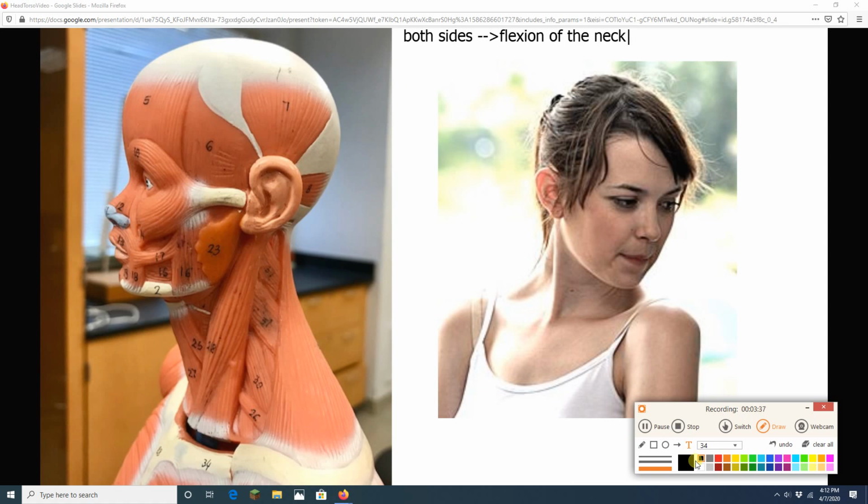Now, if just a single side contracts, it is going to cause two things. First of all, it can cause contralateral rotation. Remember, we learned the word contralateral a long time ago. Contralateral means to the opposite side. If we look at this lady here, she is contracting her right sternocleidomastoid, and just her right sternocleidomastoid.